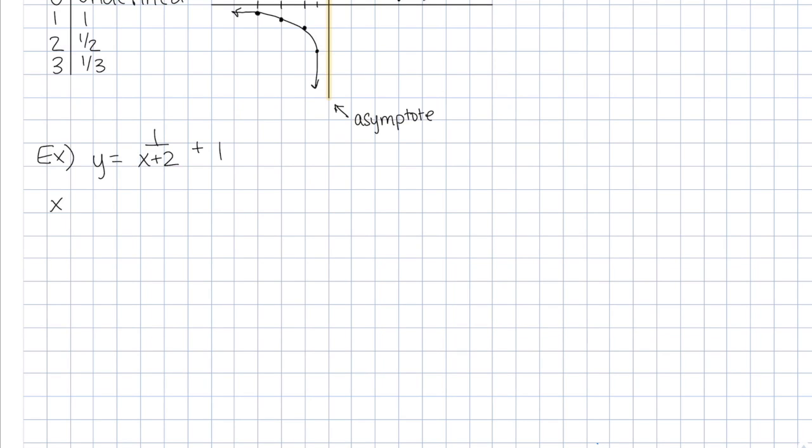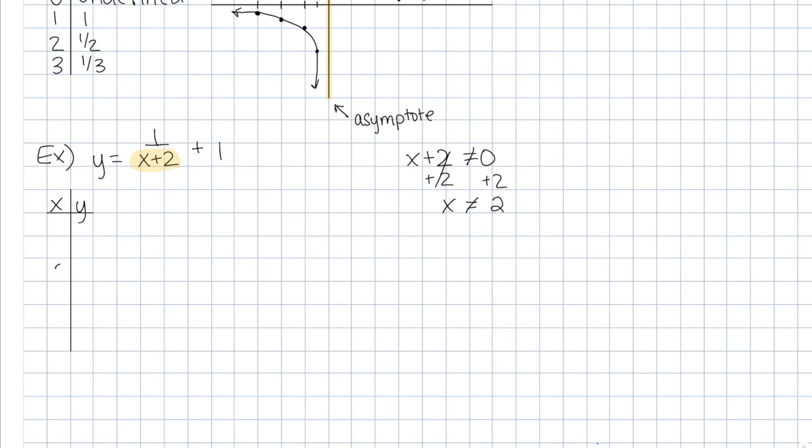So let's go ahead and again, let's make our table of values. And then I always want to center our table of values around whatever would make that denominator 0. So I'm going to take our denominator over here, x plus 2, and I'm going to make it not equal 0. And if I add 2, then I know that x cannot equal 2.